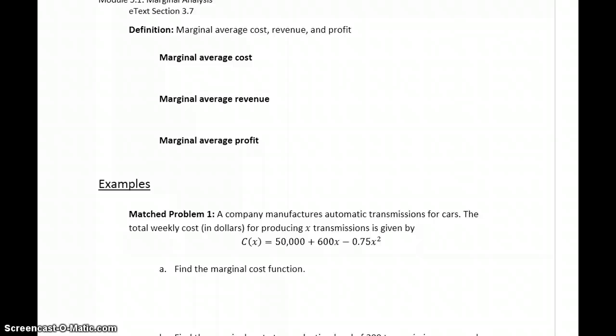In addition to marginal profit, marginal cost, and marginal revenue, we can also look at marginal average cost, marginal average revenue, and marginal average profit. The same idea applies here. To find marginal average cost, we're just going to take the derivative of the average cost function, which is our cost function divided by x.